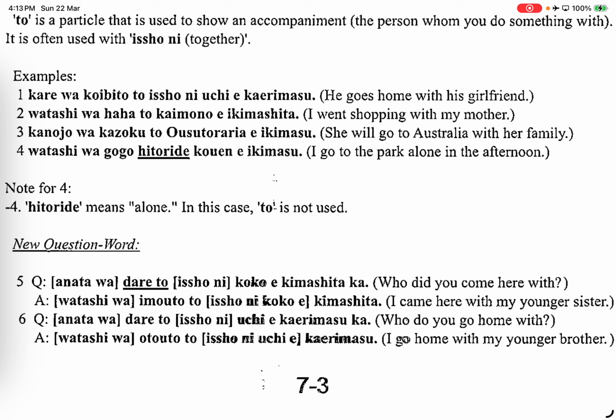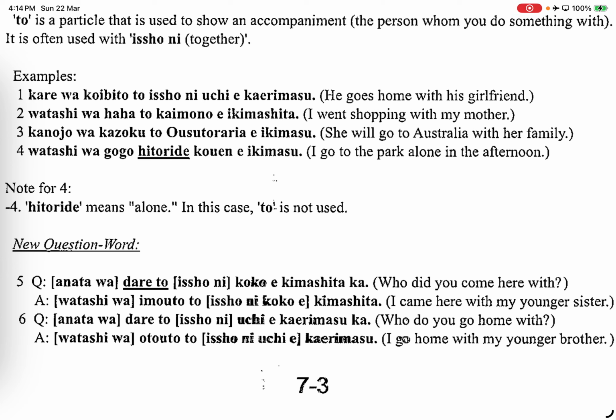So we went shopping with my mother. Okay? Number 3. 彼女は家族とオーストラリアへ行きます。So go to Australia with family. So you read it in reverse as well in English. Right? In English, if you want to translate, you will read it in reverse.